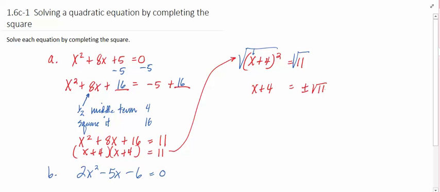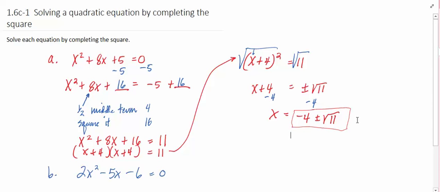Now all we have to do is finish isolating the x. So we get negative 4 plus or minus the square root of 11. We know that the plus or minus has to be there because we ourselves took the square root of both sides.